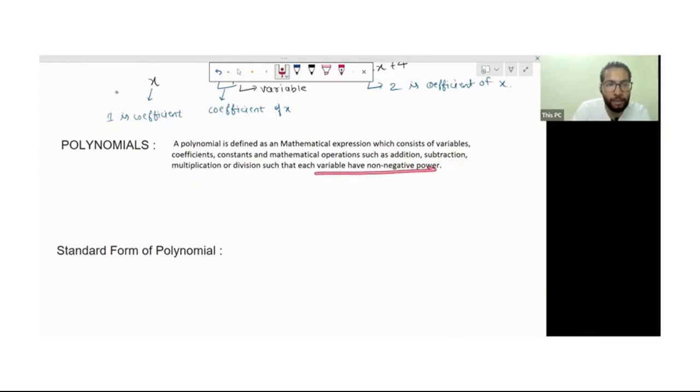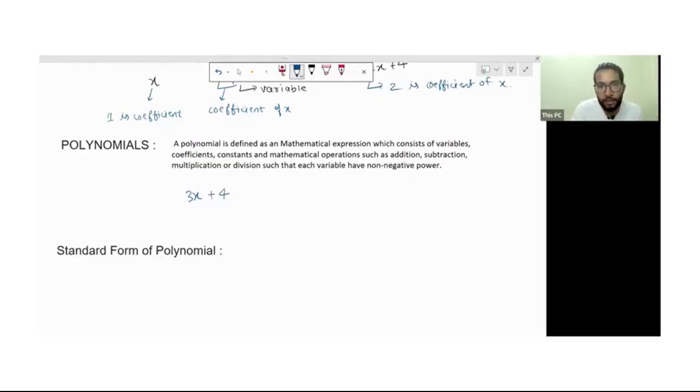Okay, let me explain this thing. We will do step by step. So polynomial is defined as a mathematical expression which consists of variables. So let me write one variable x, and coefficient, so I can write 3. Constants and mathematical operations such as addition. So we will write some mathematical operations, and if I write 4, I get 3x plus 4.